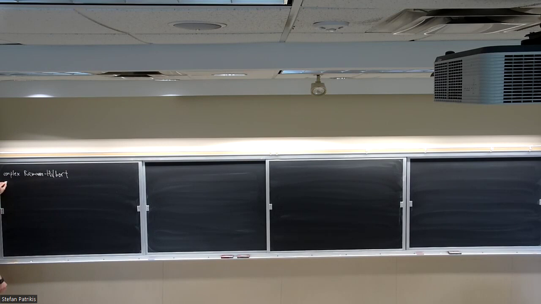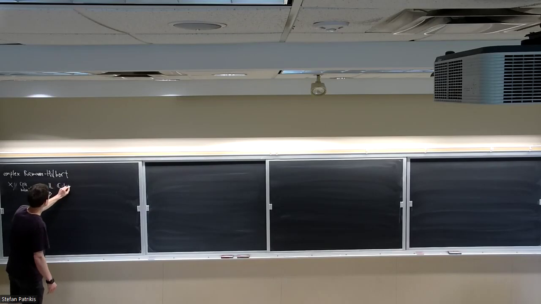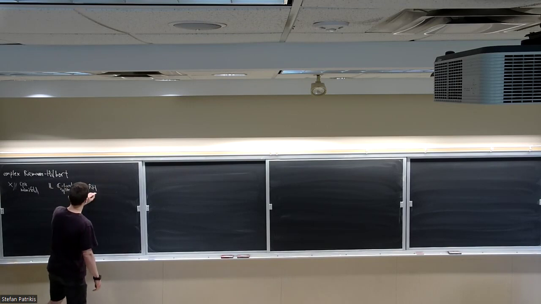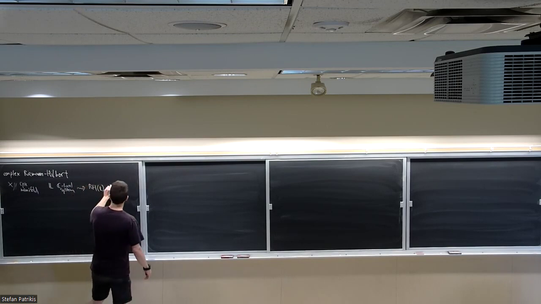So if there was a complex manifold X, and there was a C local system on it, then, as Christian explained to us, there was an associated vector bundle with flat connection, which was defined, maybe there was not a notation, but let me call this RH of L. It was the tensor product of this, thought of as a locally constant sheaf, with the structure sheaf.